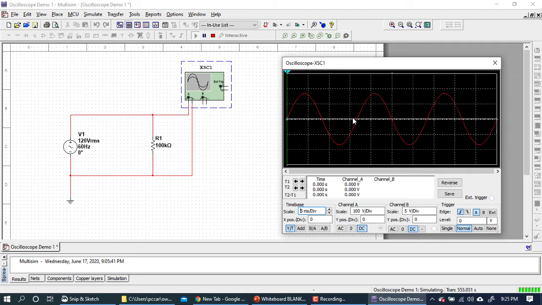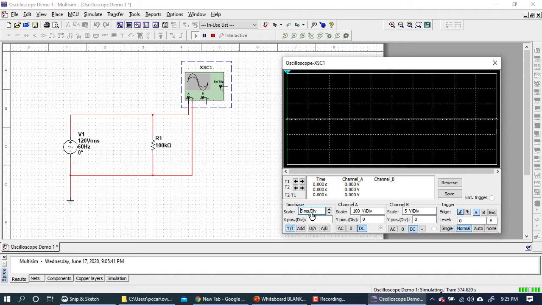So I'm going to say 3.33 divisions. That's just a good, close guess. All right, how much time is in each division? Well, go look at the time base. The time base is currently set to 5 milliseconds per division.